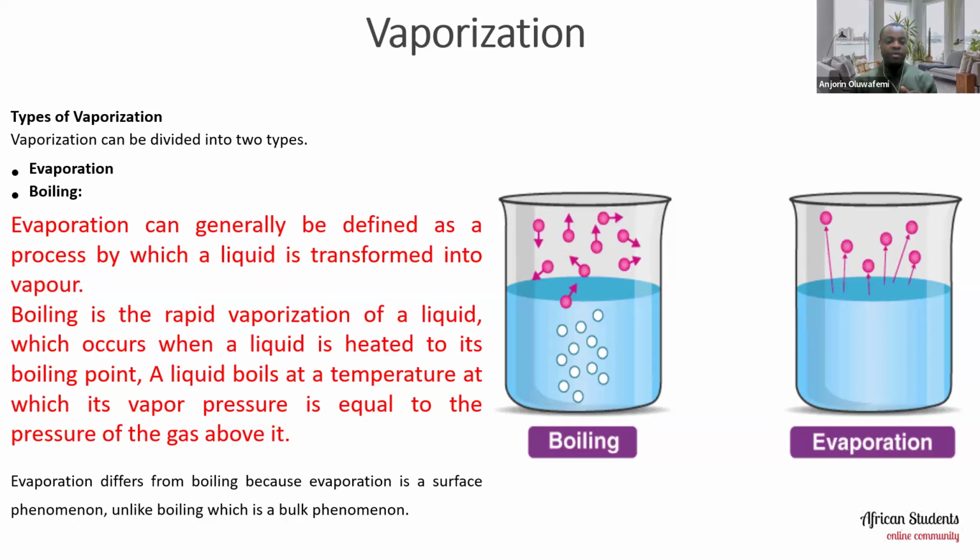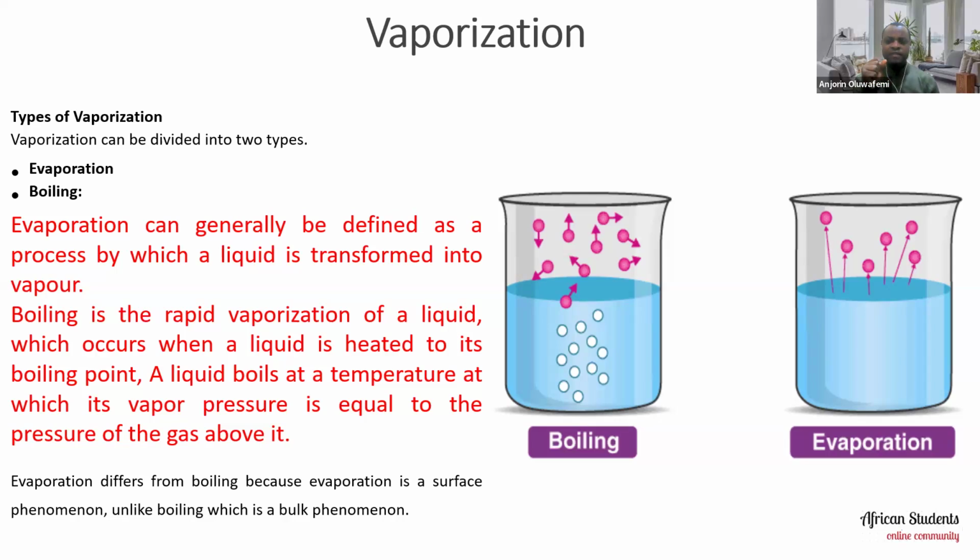These are the two types of vaporization we have, but there's a difference between boiling and evaporation, and you can actually see it in the diagram. From the diagram, you'll notice that one is a surface phenomenon, and the other is holistic. It is occurring virtually everywhere in the vessel.